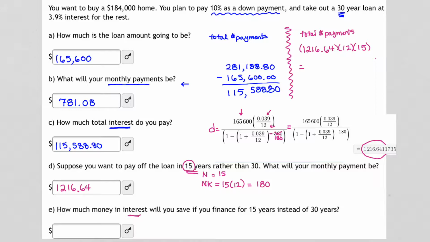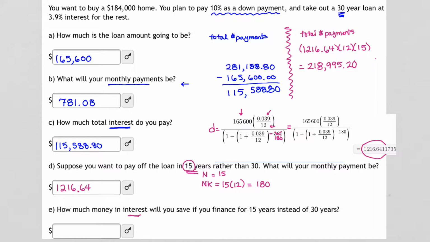So taking $1,216.64 multiplied by 12 multiplied by 15, we get the following. $218,995.20. That's our total payments. Now, to get our interest, one more step.